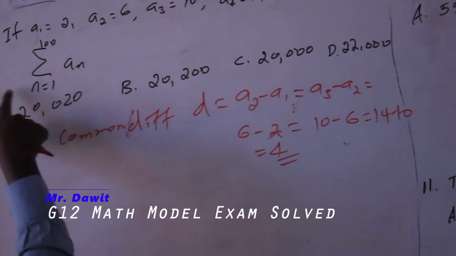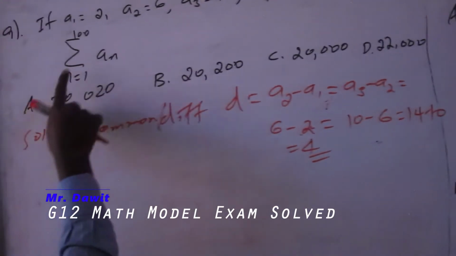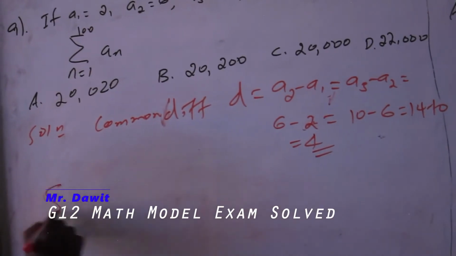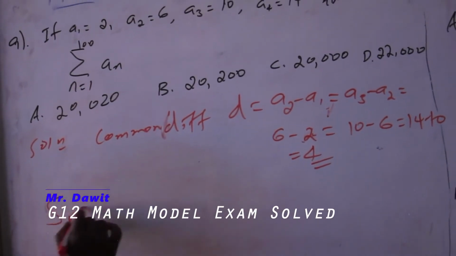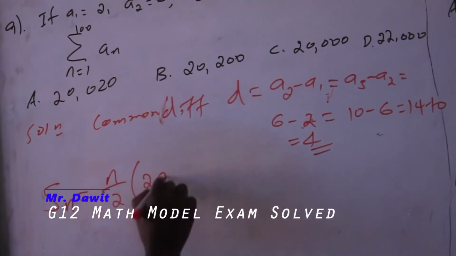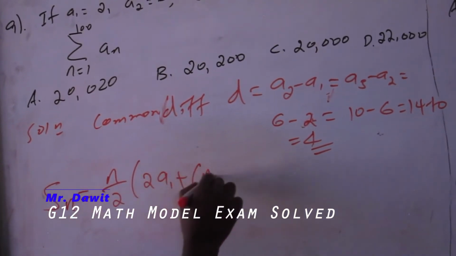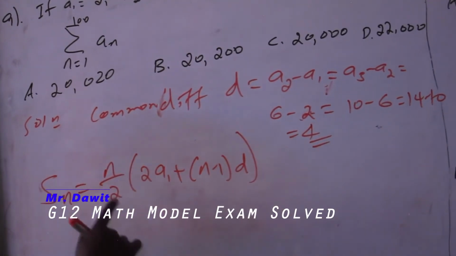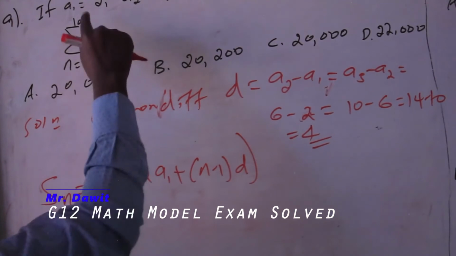Therefore, we have to find out the sum of n. So n starts from 1 till 100, and by using the partial sum rule, Sn is equal to n over 2 times twice a1 plus n minus 1 times common difference d. Now here the maximum n is 100.